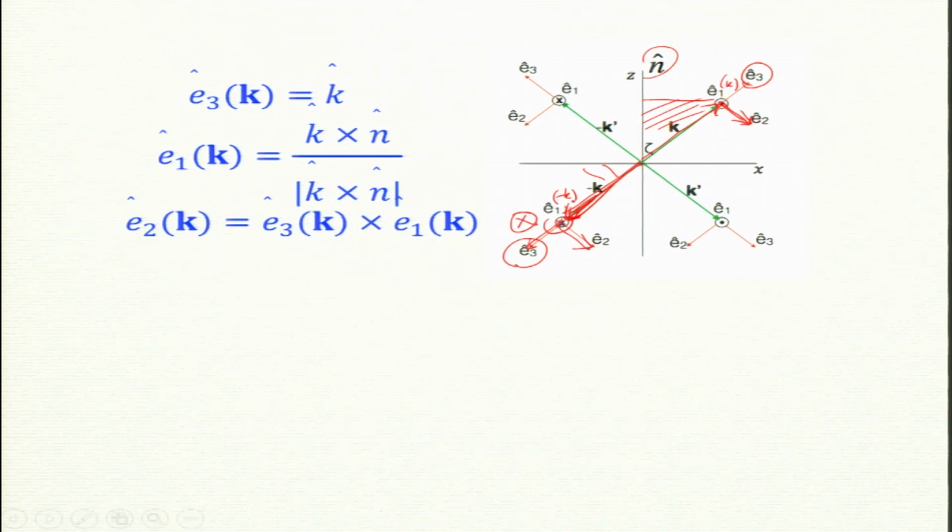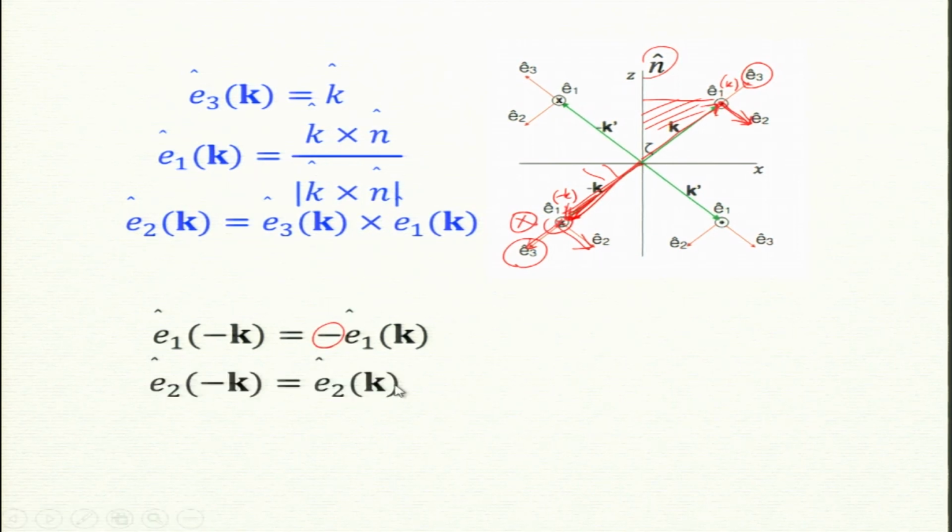My E1 has changed, but E2 does not change. It can't be otherwise, right? If two of them change, the third one can't, otherwise there will be a minus sign problem. So these are the transformation rules. So E1, if I go from k to minus k, I get a minus sign. E2 does not change and E3 changes.